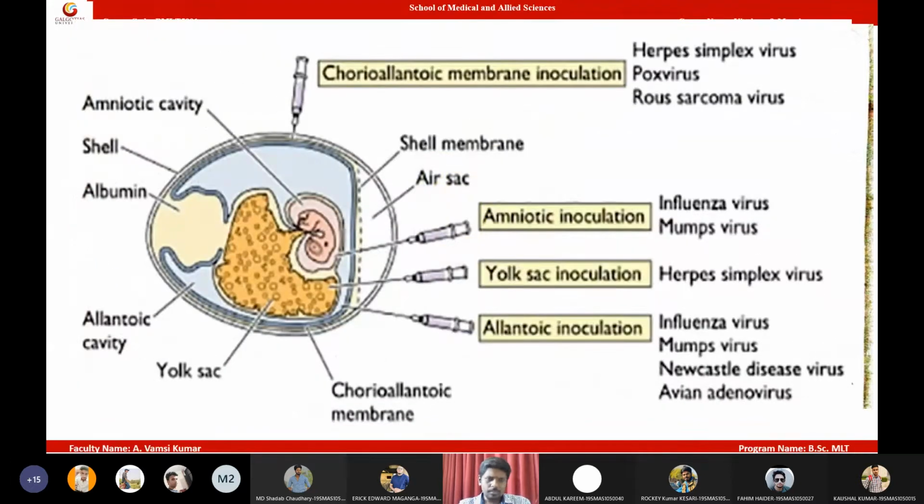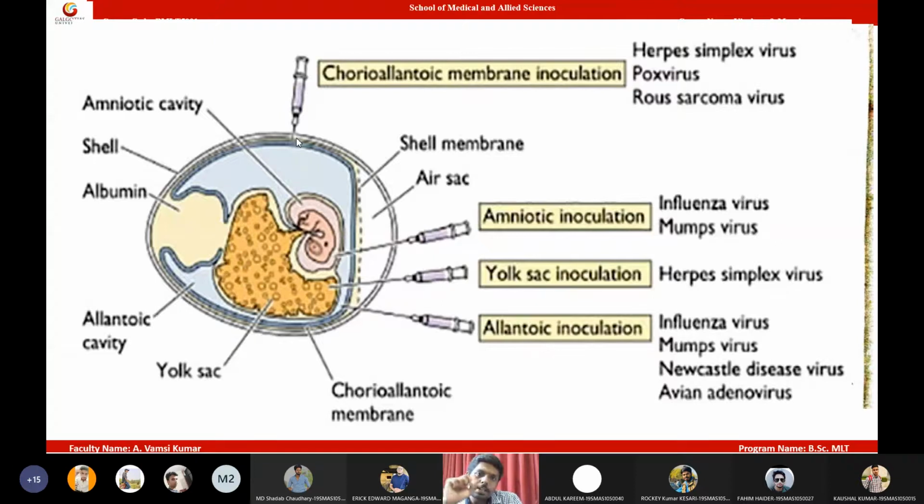And various viruses can be inoculated into multiple locations of an embryonated egg. For example, pox viruses will be inoculated into the CAM layer of the egg. Whenever these pox viruses grow inside the CAM layer, they start destroying the CAM cells. So chorioallantoic membrane cells will be destroyed by the pox virus, resulting in formation of tiny nodules.